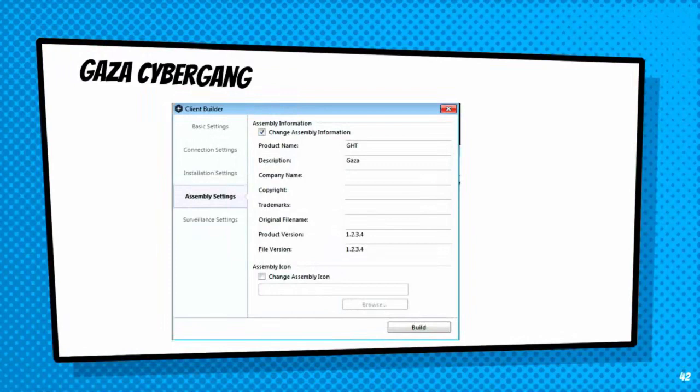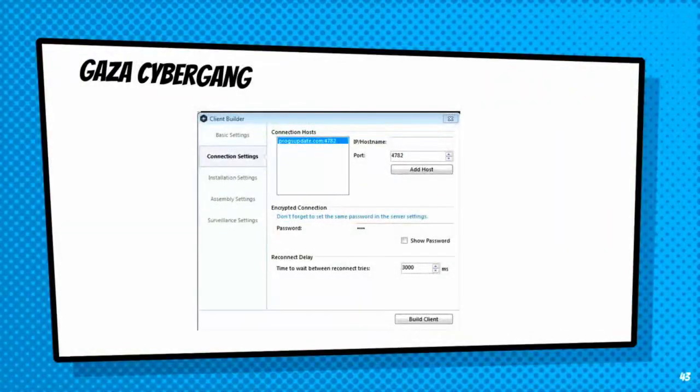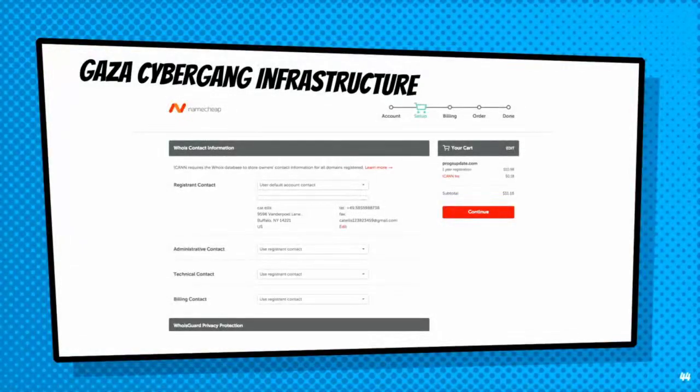I went and downloaded a fairly recent version of Quasar RAT, the actual builder itself, used the domain that I registered that Gaza Cyber Gang was using in operations for a couple years. I generated the malware. I registered the infrastructure, again, identically, as close as possible to the previous infrastructure.